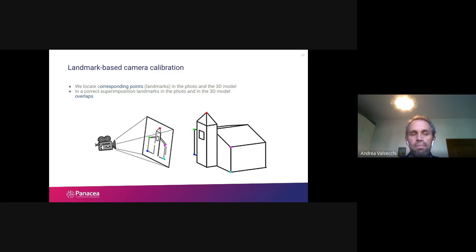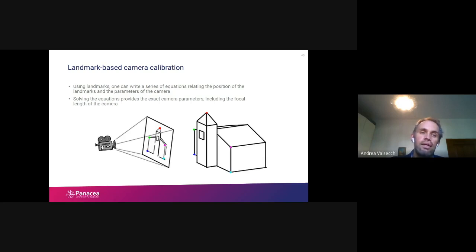The typical approach is that you use landmarks, corresponding points that you can locate on the picture and in the 3D object. The principle is that your landmarks need to overlap. That's how a computer can solve this kind of problem. Technically, you can write some equations that connect the position of the camera, the orientation, and the focal length to the position of the landmarks, and you know that you want your landmarks to overlap.